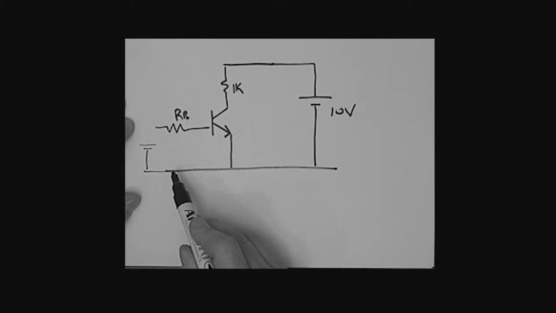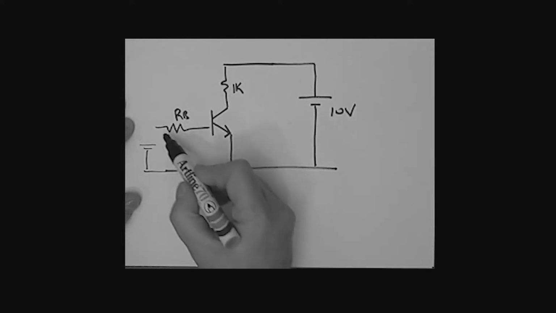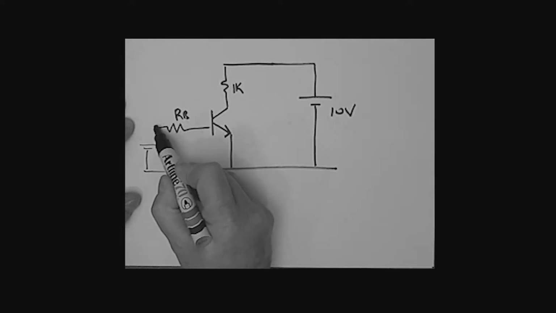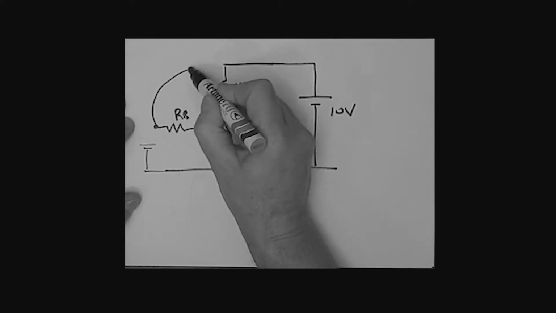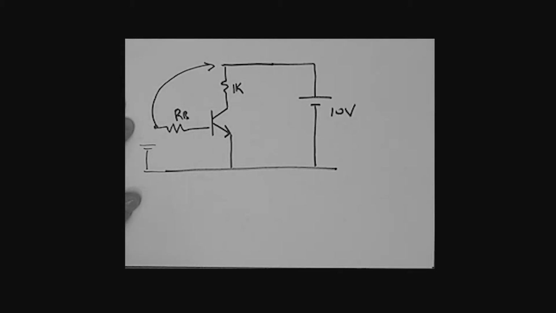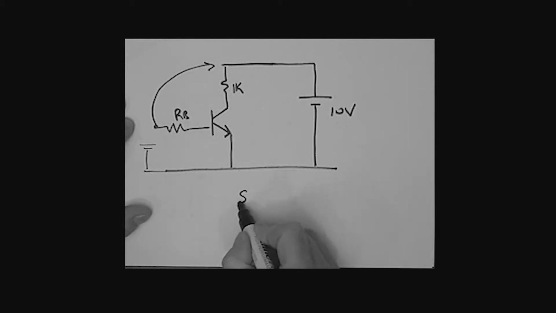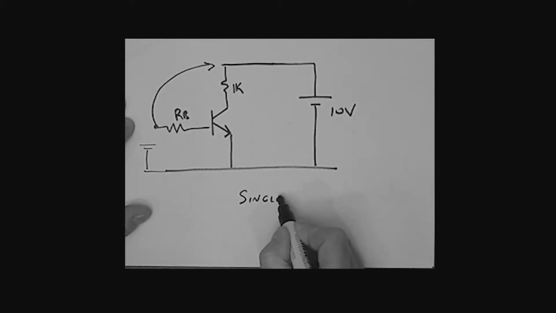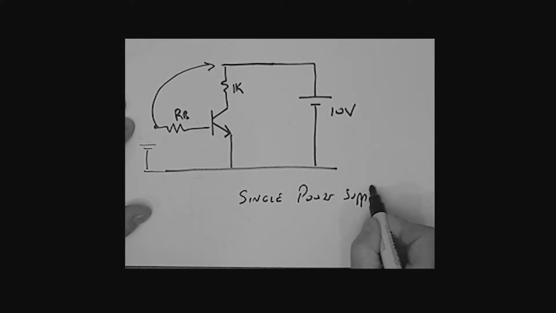We really don't want to build amplifiers with two DC power supplies. So what I'm going to suggest that we do is, instead of attaching this RB to a separate power supply, we'll just bring this RB up and connect it to the 10 volts like so. And we'll see if we can analyze circuits then with a single power supply. Okay, so that's what we'll try to do.